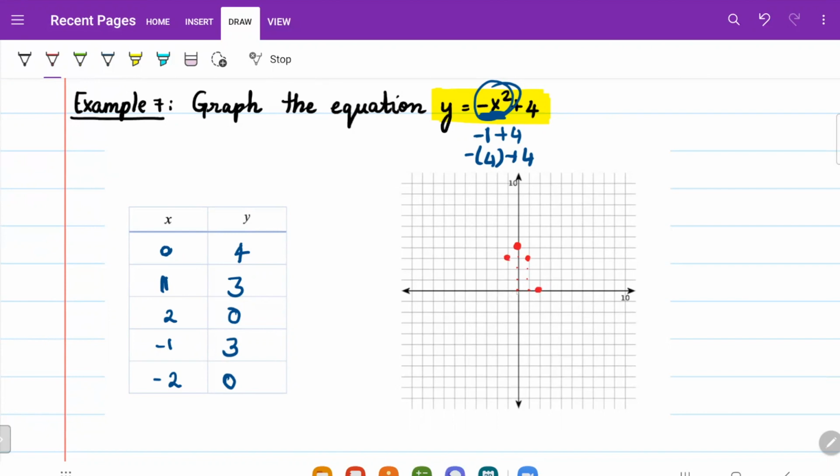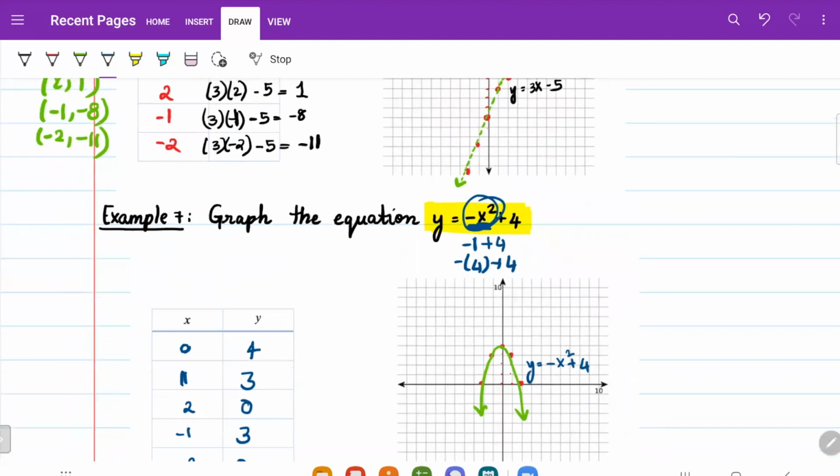And then now we join the points. We have it here, here, and here. And this is the graph for y equals minus x squared plus 4.